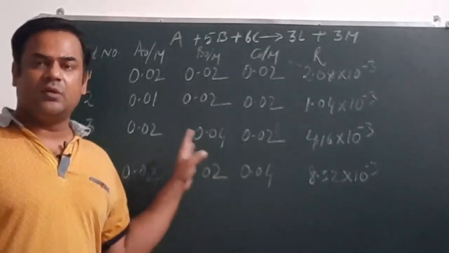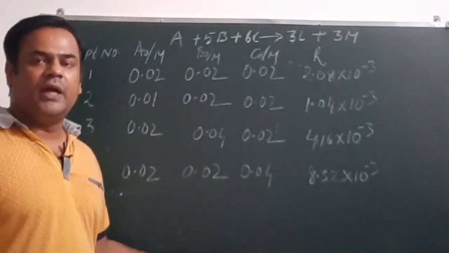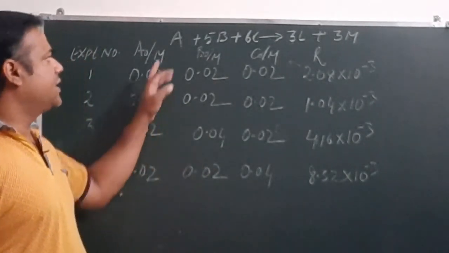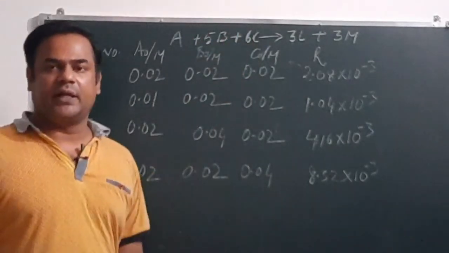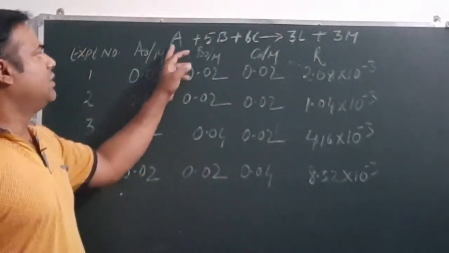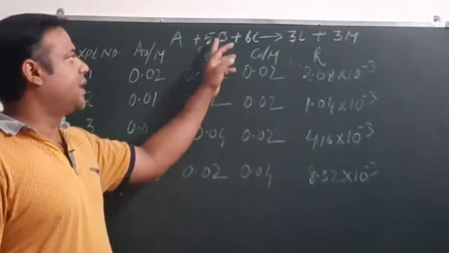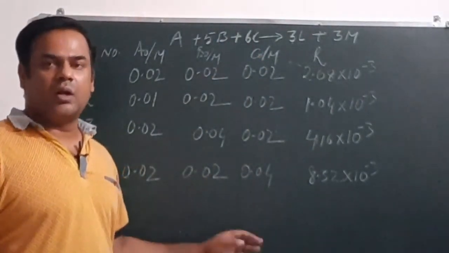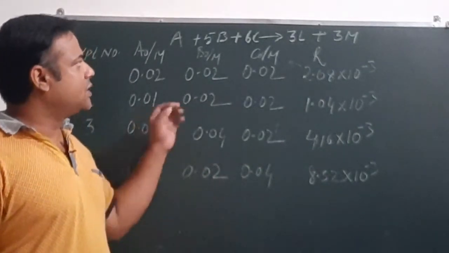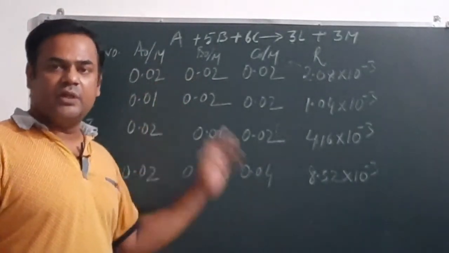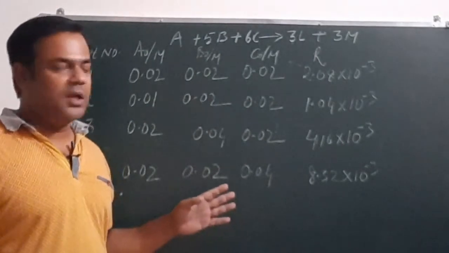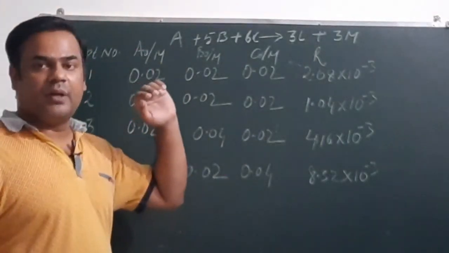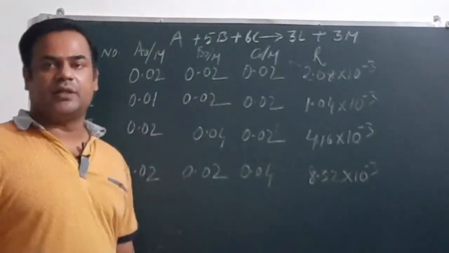With the help of these experimental observations, we have to determine the order of reaction with respect to each individual reactant, that is, with respect to A, B and C, and then the overall order of reaction. Once we determine these, we have to determine the rate constant of this reaction.